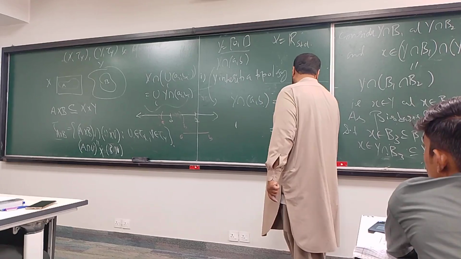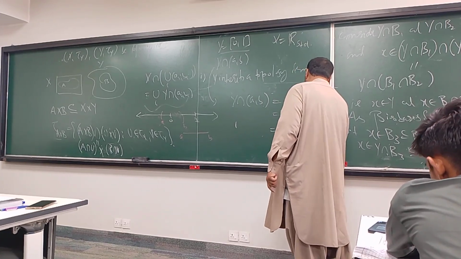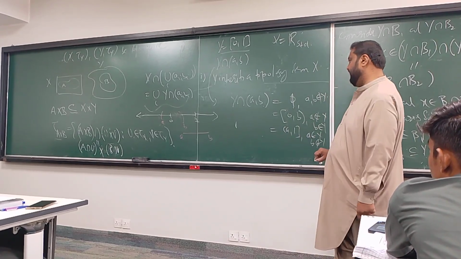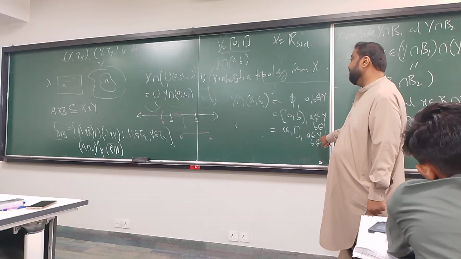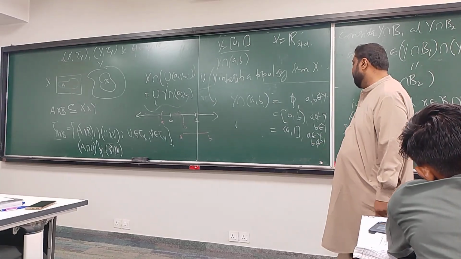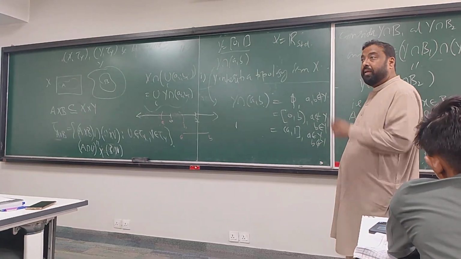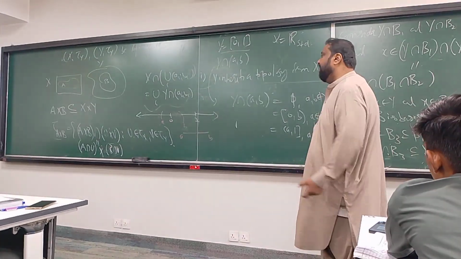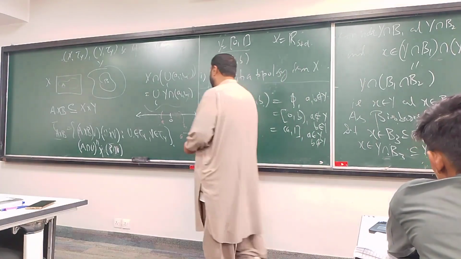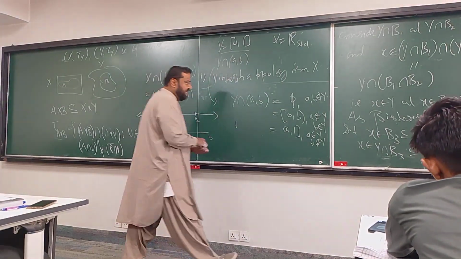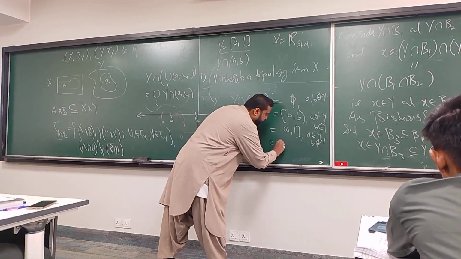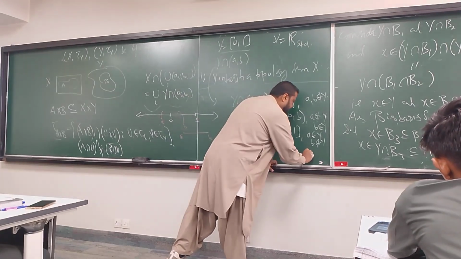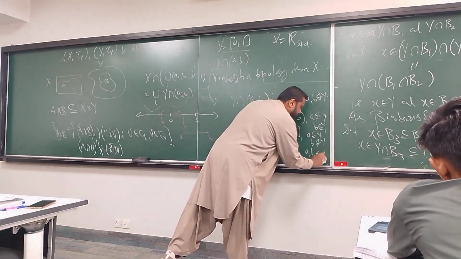So if A is inside Y and B is not inside Y. What would be the last possibility? That A and B are both inside Y.